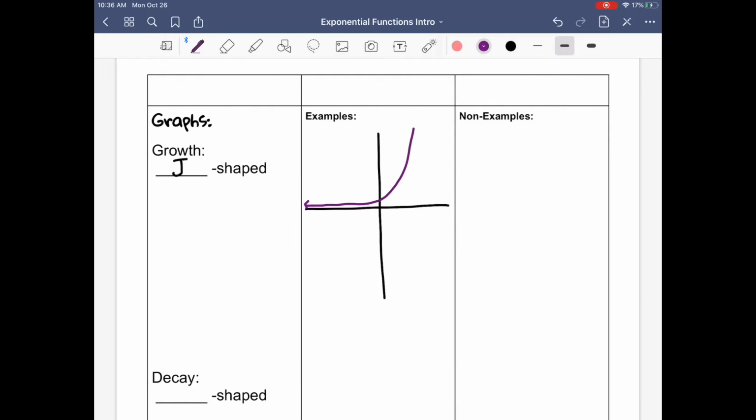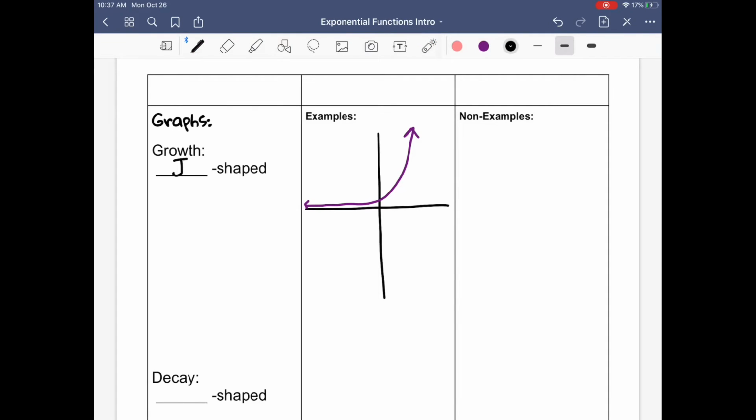Now, when I do my J shape, this long tail is where it kind of steadies out because it's never going to go into the negative side, which we talked about earlier. So we're going to have this long tail and then it's going to shoot up exponentially. We're going to talk more about what that actually means in a little bit. But today we're just talking about how to identify the key pieces of all the representations.